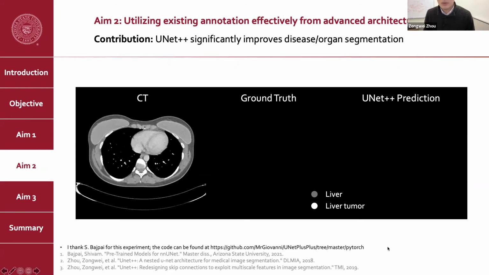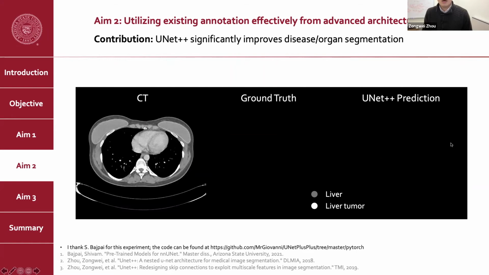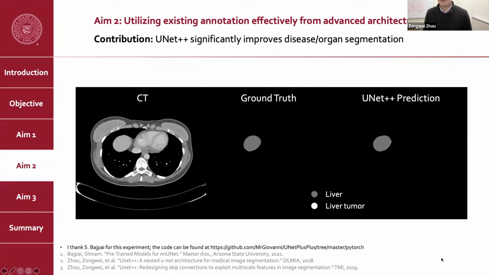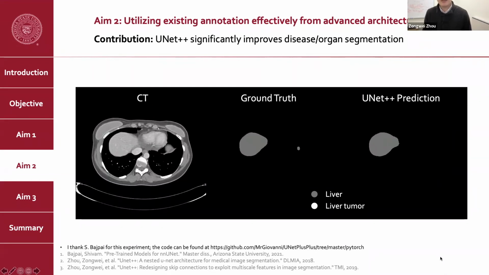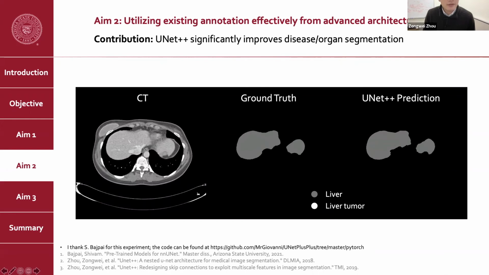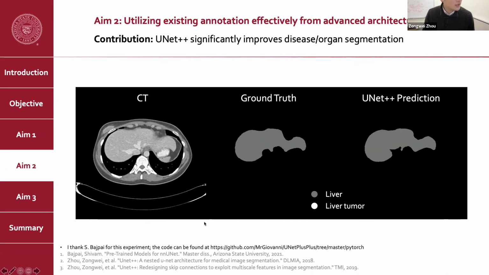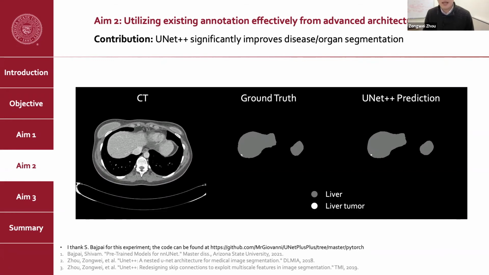I'd like to show you another example. This patient, this guy, has a healthy liver in general, but with a very tiny tumor in the middle. Our UNet++ is able to, let me see, I think the tumor is here. If you see here, the bright dot is the very small tumor. And our UNet++ is able to identify this small lesion.